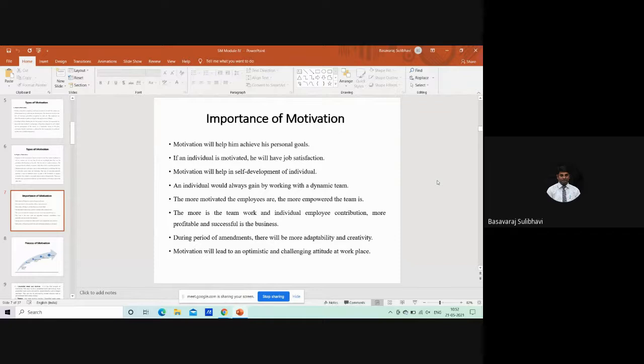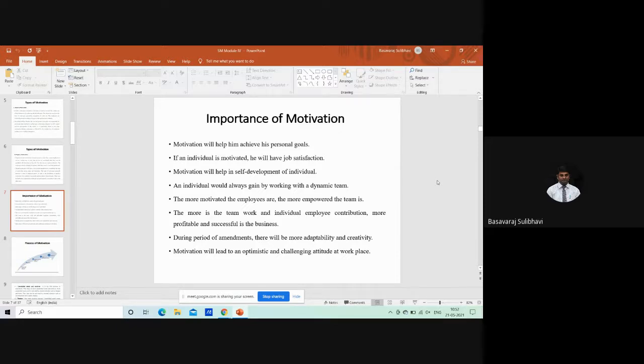And then we have the second, the last one. Motivation will lead to an optimistic and also challenging attitude at the workplace. If every employee is highly motivated, and the purpose for which they joined the organization is met by the organization's effort, in return for what they give, then they become very optimistic.